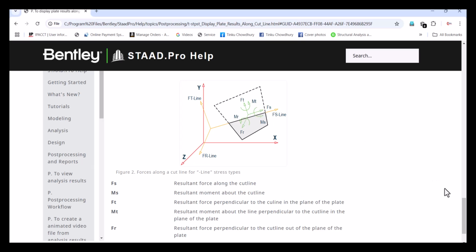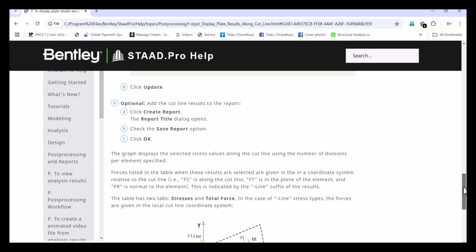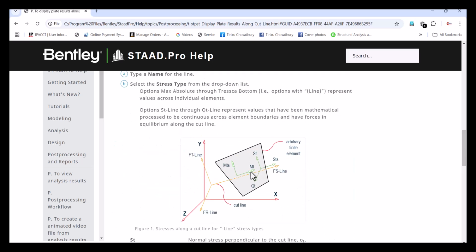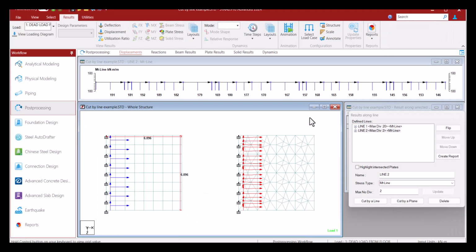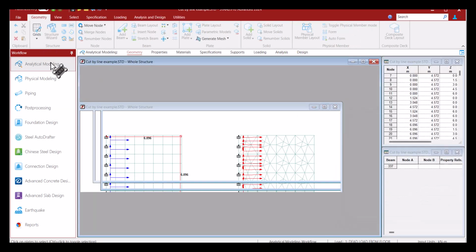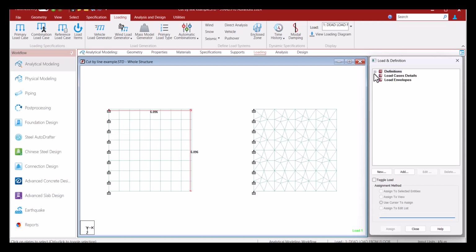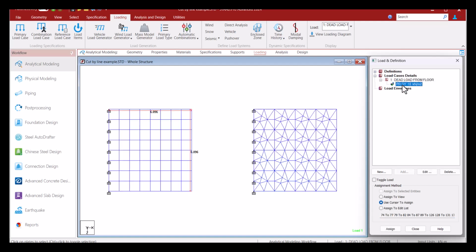That is the ms moment, that is for the force. And if you want to consider the individual stress, then you need to consider it as mt. Okay, understood? Now let's quickly see how we can validate. Now in this model, I have added unit pressure.